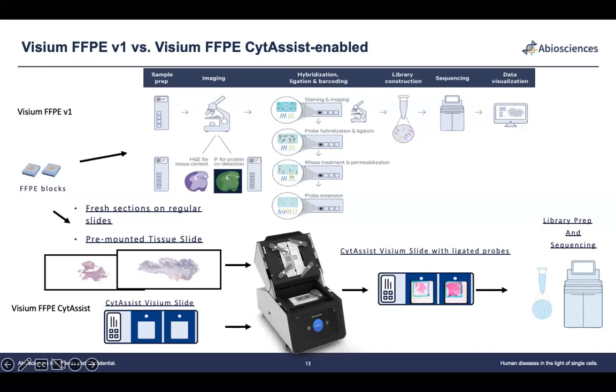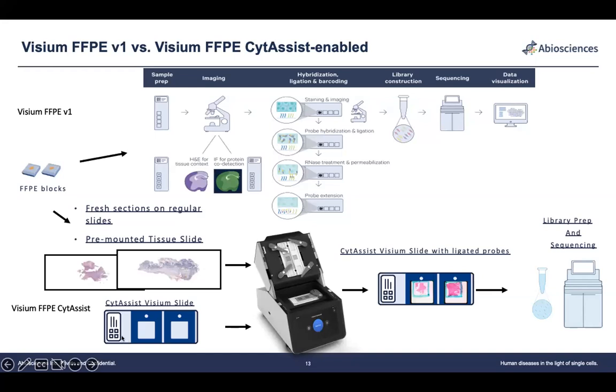For the Cytosis workflow, we can either take it from the FFPE with freshly sectioned tissue on a regular slide, or, as in our example here, a pre-mounted tissue slide that has been stained with H&E. These 2 slides are then placed onto the Cytosis machine after the probe hybridization and ligation.